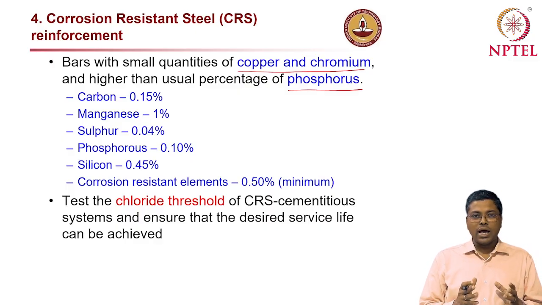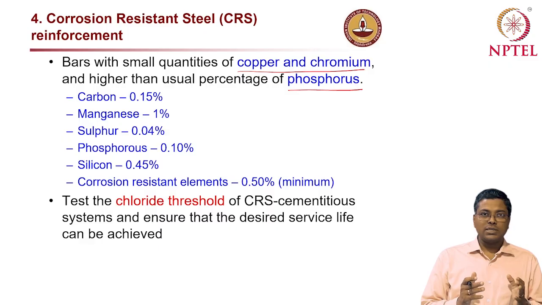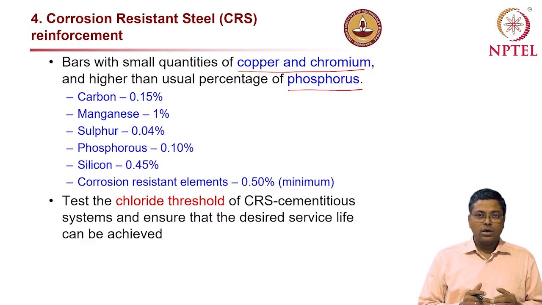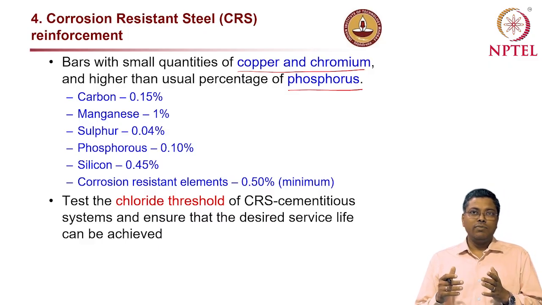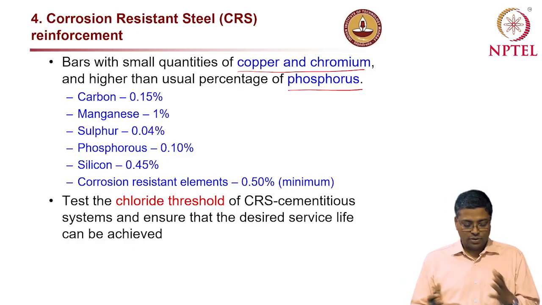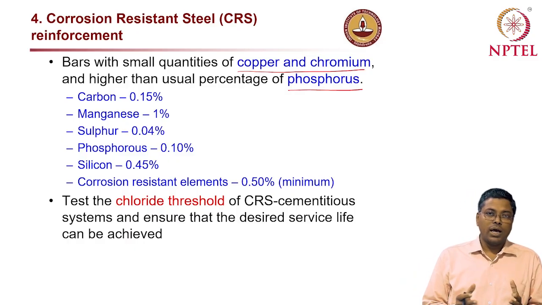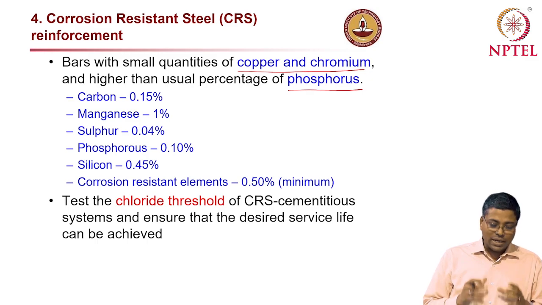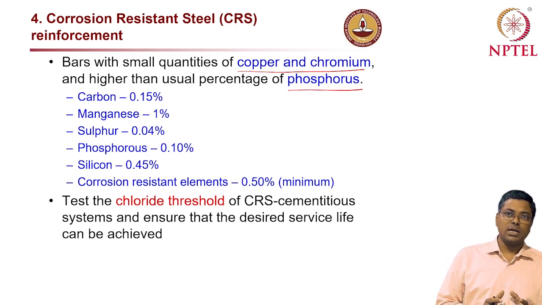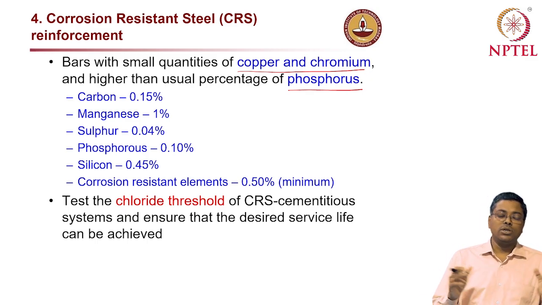So what we should have is a steel which has a higher chloride threshold rather than just a lower corrosion rate. If you really look at these two and their impact on the service life, we must test the chloride threshold of CRS steel in addition to the corrosion rate.